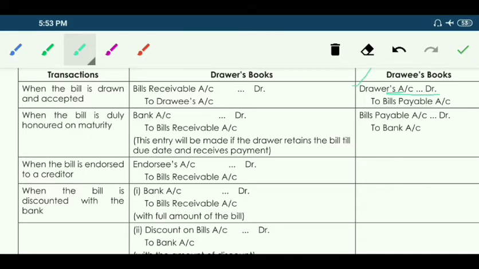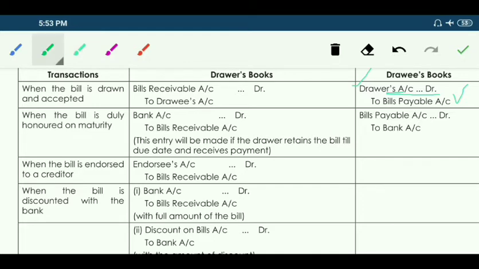To cancel the purchase account, with the same amount, we create the bills payable account. We already learned these accounting treatments earlier, so we discussed them simply. Drawer's account debtor to bills payable account.